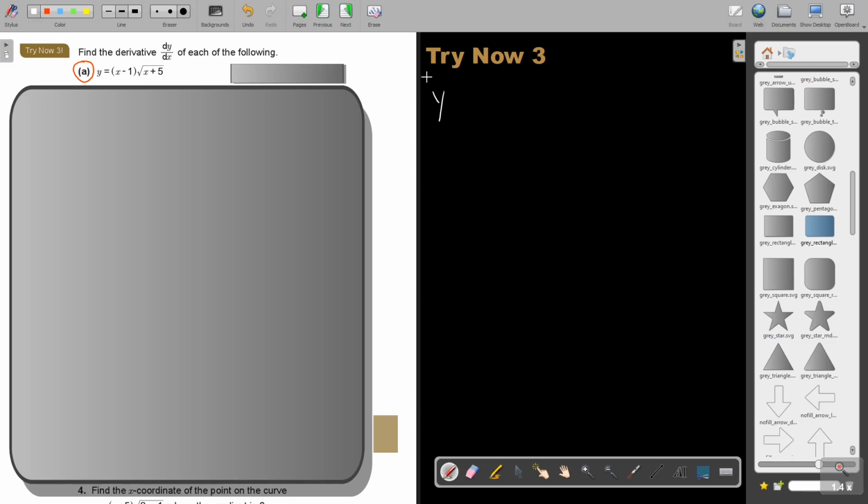Let's first write down the function. Y equals x minus 1 square root x plus 5. Okay, now we're going to follow the product rule. So first we're going to say dy by dx.